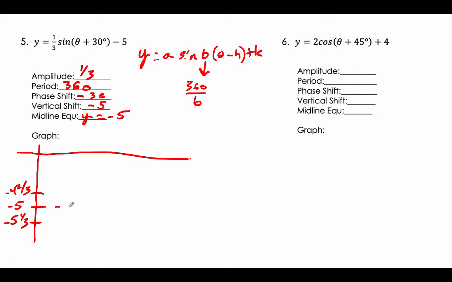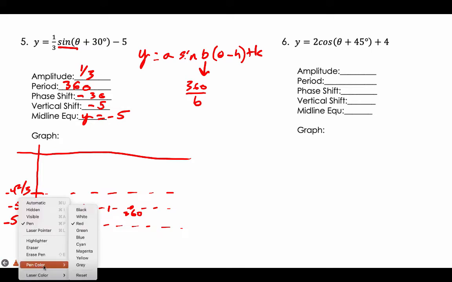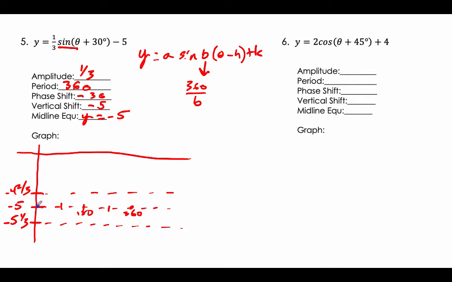Remember, I like to draw in my template, and then we got to find our 360, 180, 90, and 270. And then this is a sine, so I would start at the origin.